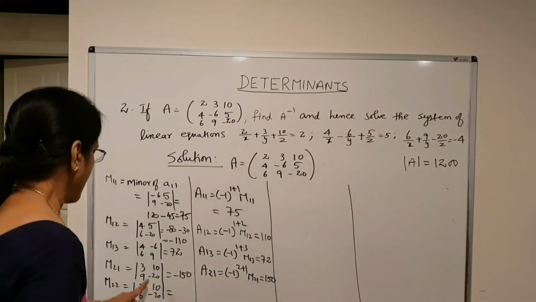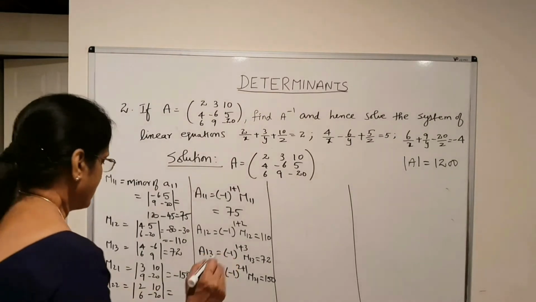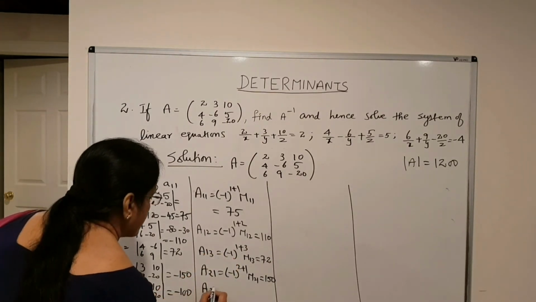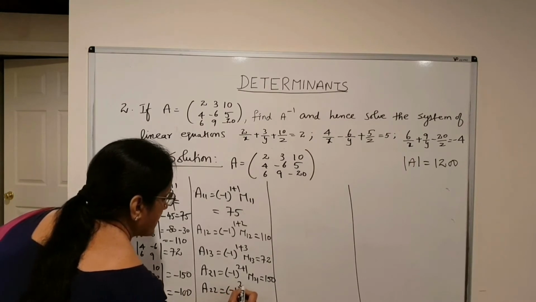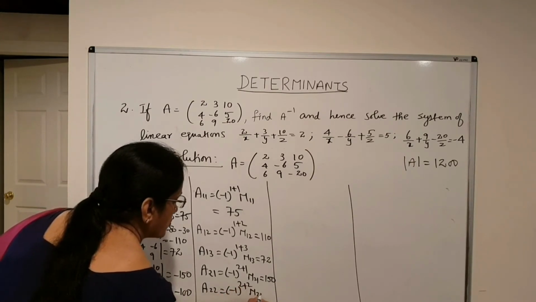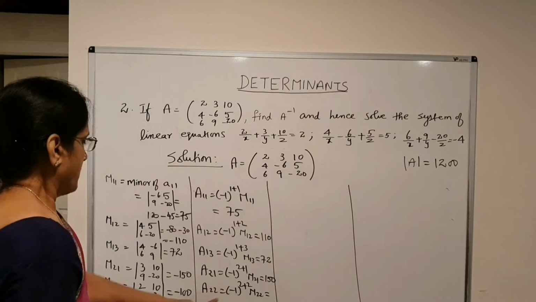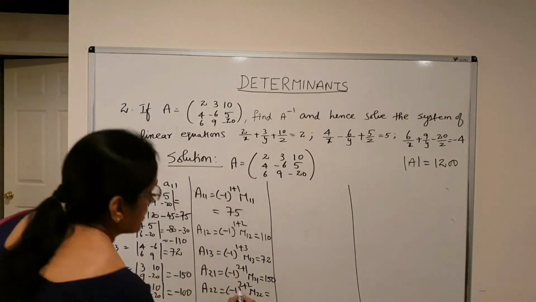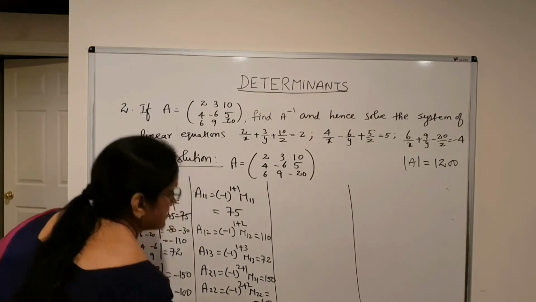This will be minus 40 minus 60, which is minus 100. So, the corresponding cofactor will be minus 1 to the power 2 plus 2 into M22. Minus 1 to the power 4 is 1. Here minus 100. So, it will be minus 100.